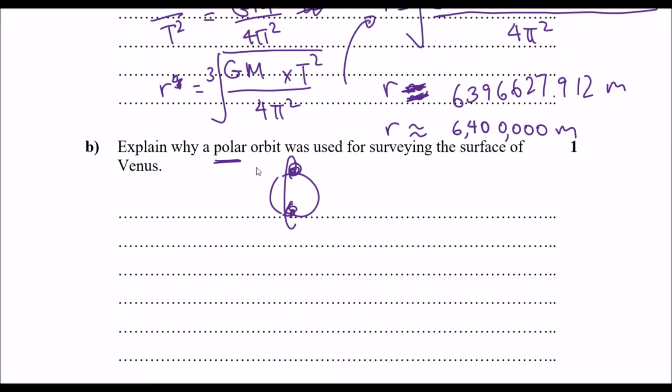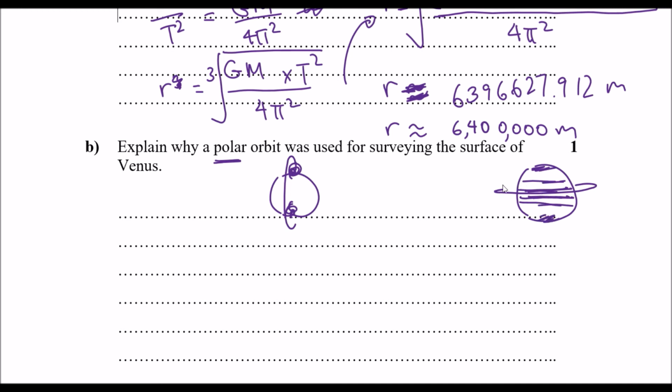Okay, and the main reason being, if you actually consider it, if we were to do this instead, we go around a specific latitude, it doesn't really give us a clear understanding of all the different environments. If you think about it, on Earth, we have our equator, then we have the tropics, and then we have the North Pole, the South Pole, very different environments to each other.